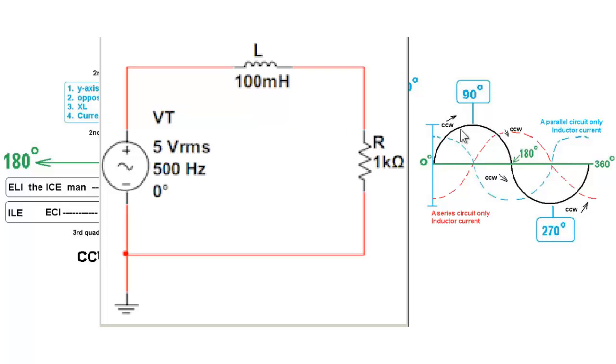So the black voltage here represents this 5 volts RMS 500 hertz. So this would be one cycle of 500 hertz. It's being pumped out of this signal generator, this voltage generator, at 500 times a second. It has no phase, 0 degrees, so you're starting out right here.